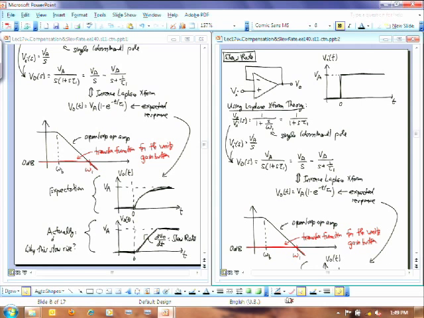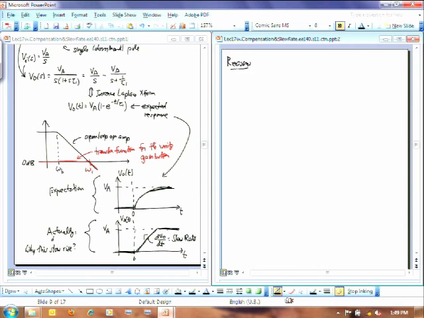So first of all, the reason for this, I'll just write down here, is that the first or second stage of an op-amp cannot source enough current to mimic the shape, or mimic the slope, or speed.